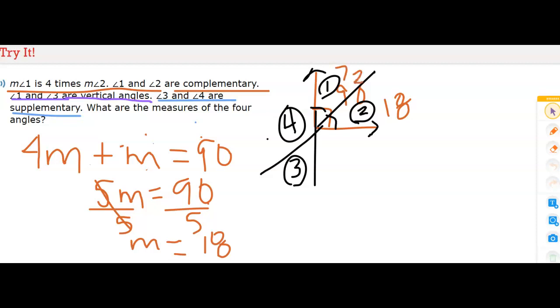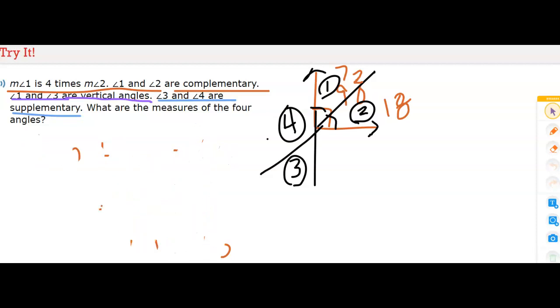So now we have the complementary angles, now we must solve for the rest. Now we're going to solve for the vertical angles. The vertical angles are angle 1 and 3. So we know angle 1 is 72.